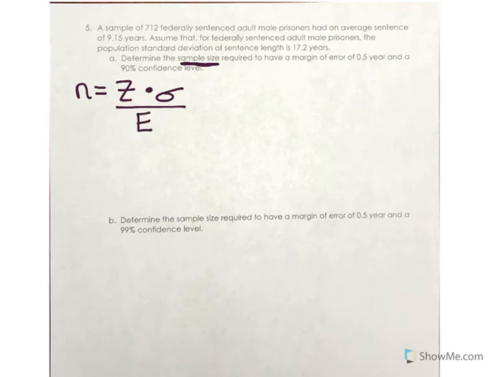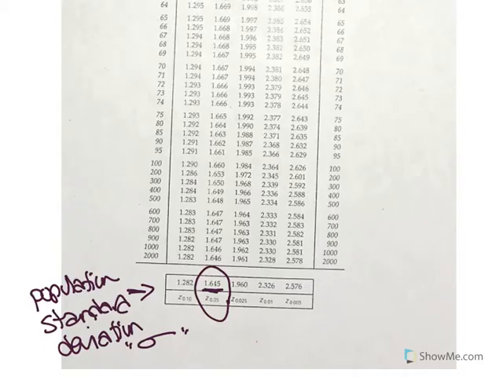Okay, so we're going to plug in that information. Now, if we're dealing with 90%, and we know it says population standard deviation, we're going to be using our little box. So 90%, I have it still circled, is 1.645.